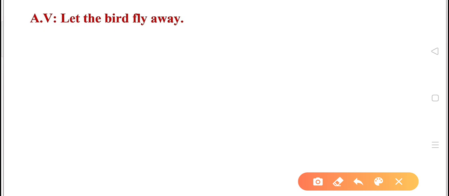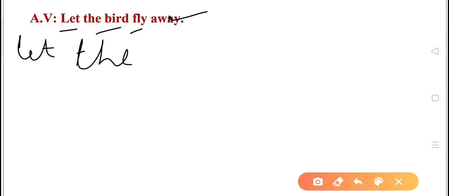Active voice begins with let, it is followed by object, the bird over here, and object is followed by verb fly, and we have an adverb also, that is away in this case. So let's now change this active into passive. Passive also begins with let.